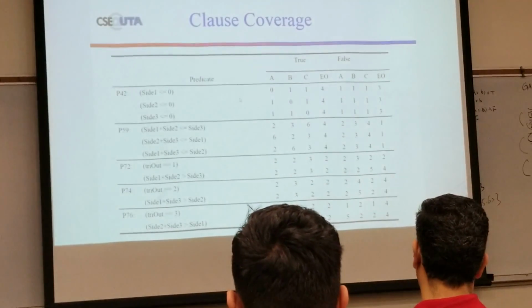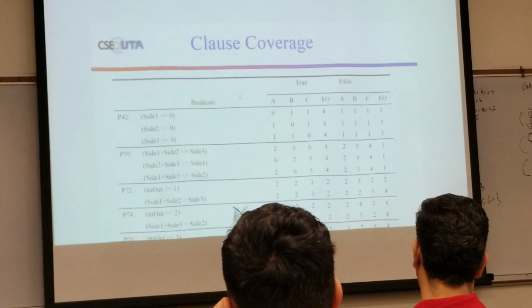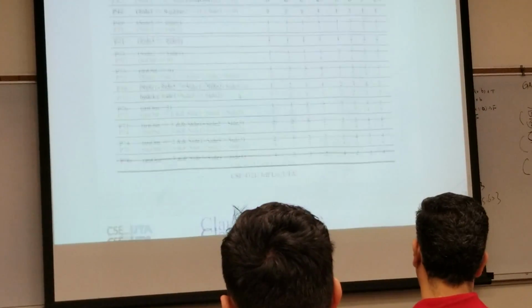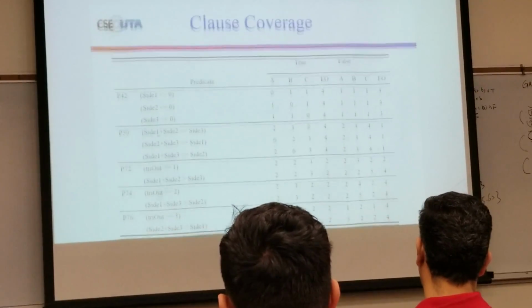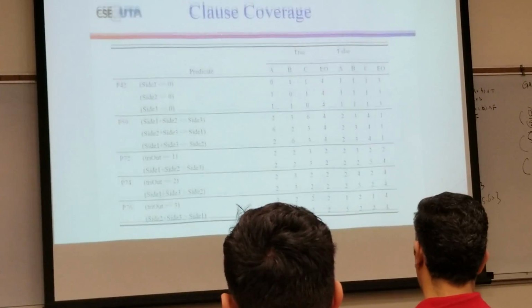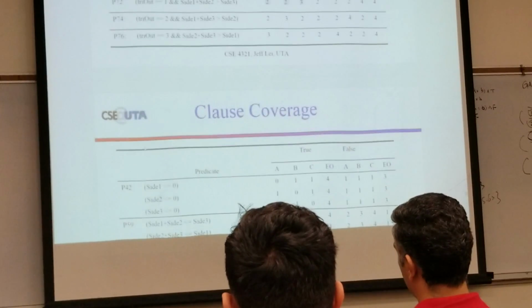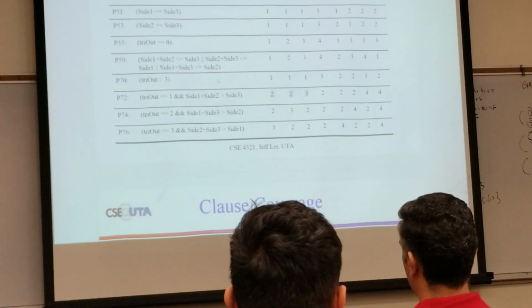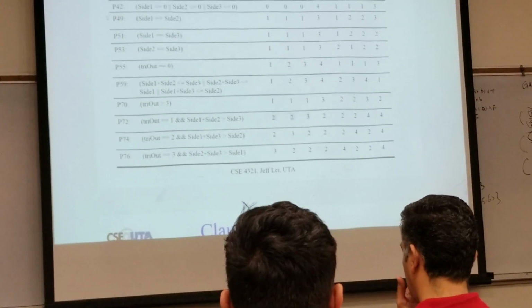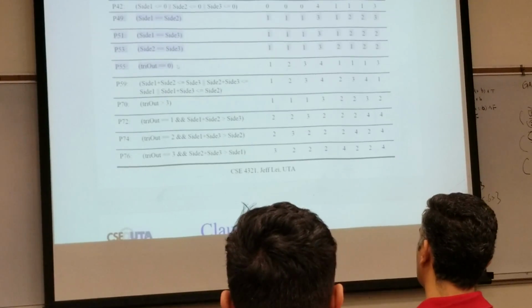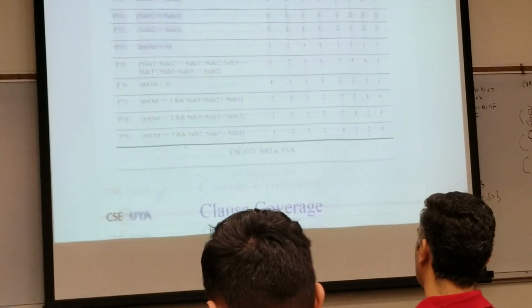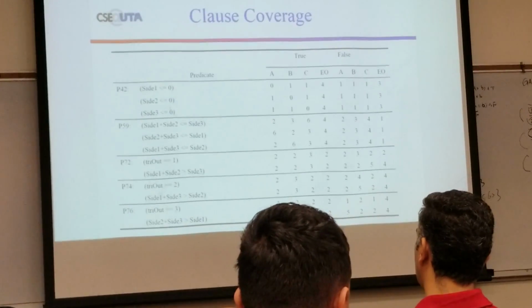I just want to mention when you look at the table, here you have all the predicates that we have identified. For class coverage, it only makes a difference if the predicate has more than one class. That's why we cannot have these predicates in this table, because they are the same.